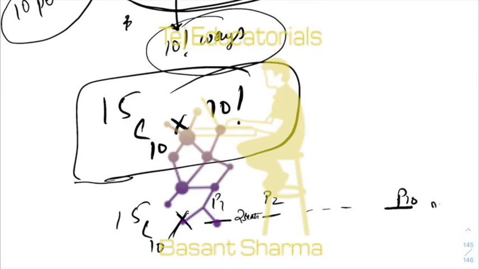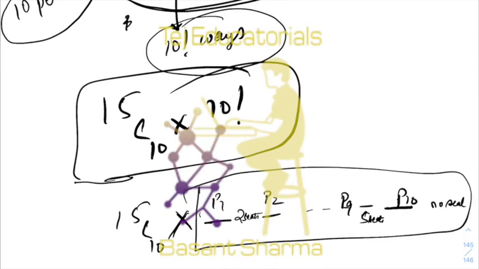Let's say between P9 and P10, 5 seats are there. Corresponding to every such distribution of seats, you can permute the 10 persons also in 10 factorial ways. So 15C10 into 10 factorial is the number of ways in which the given condition is satisfied and you can seat the 10 persons.